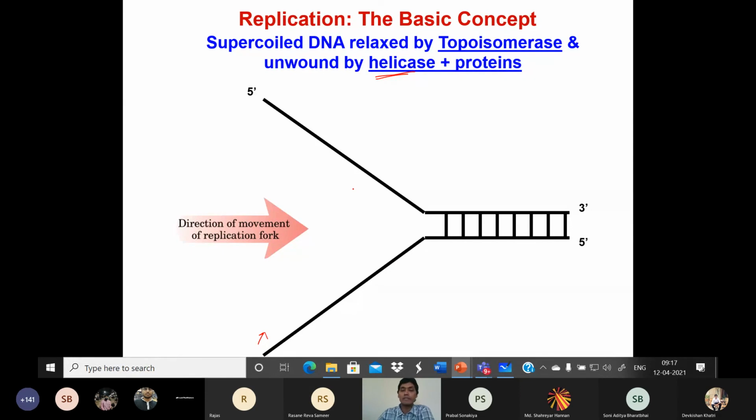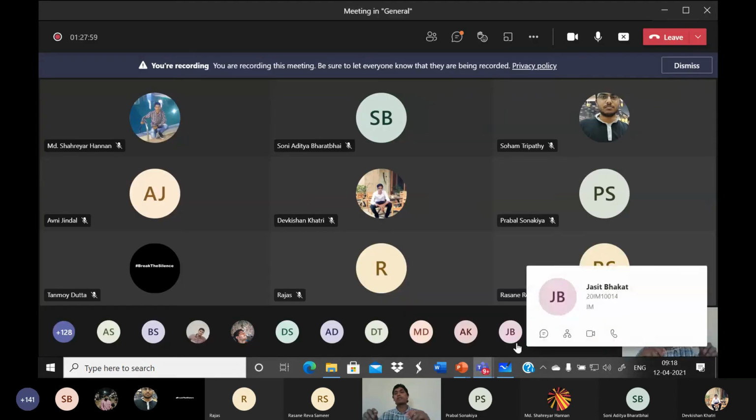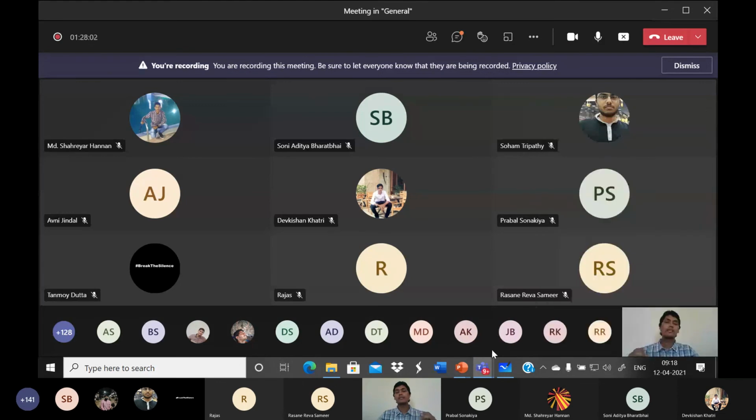Topoisomerase is an enzyme name; all enzyme names end with -ase, as I told you before. Now I will show you here. In E. coli you have one circular DNA like this. You have two strands making a helix, and this is a circle like that.